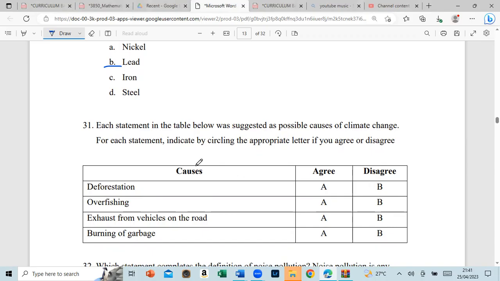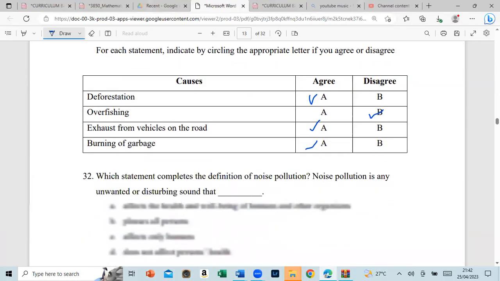Deforestation, agree. Overfishing, disagree. Exhaust from the vehicles, agree. Burning of garbage, agree. All right, let's move on to 32.